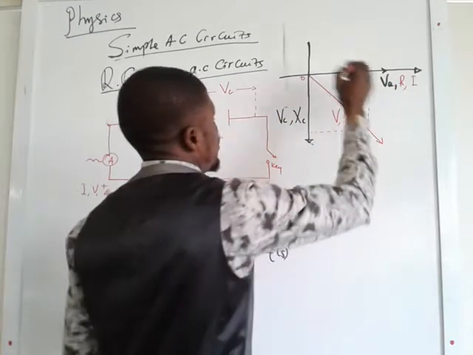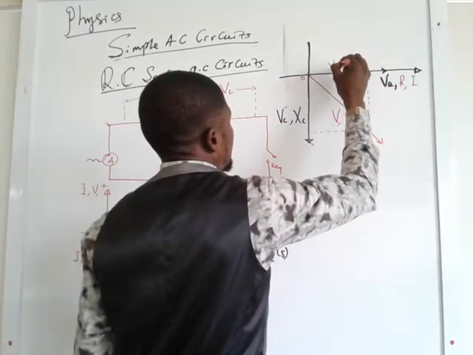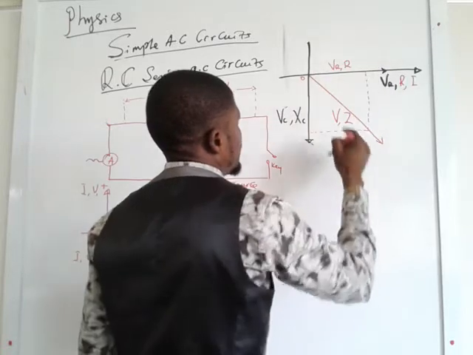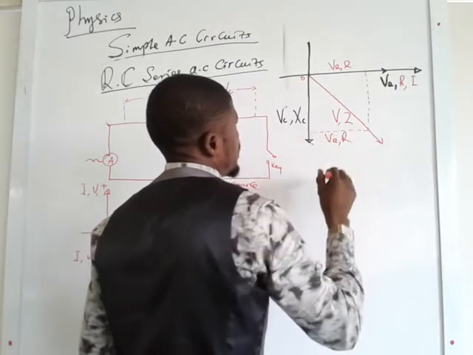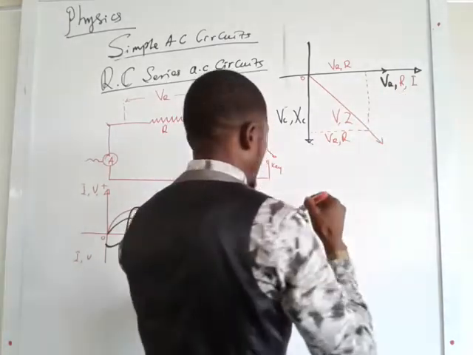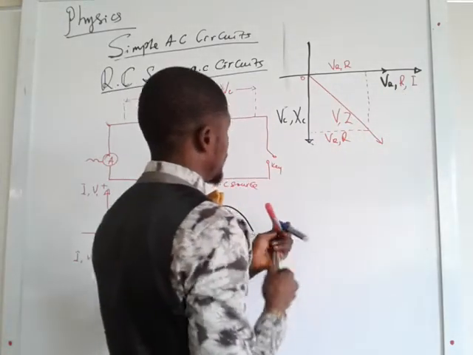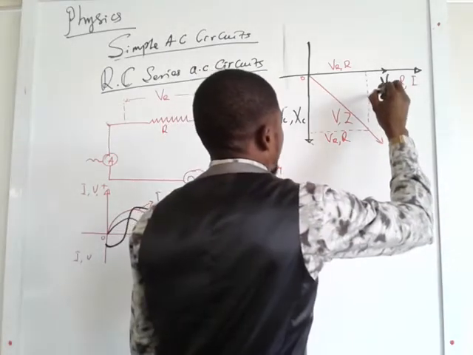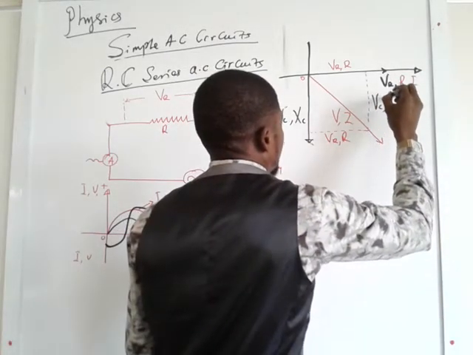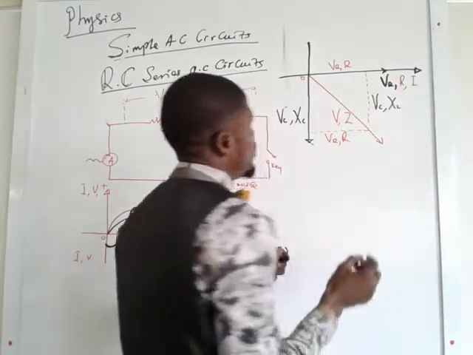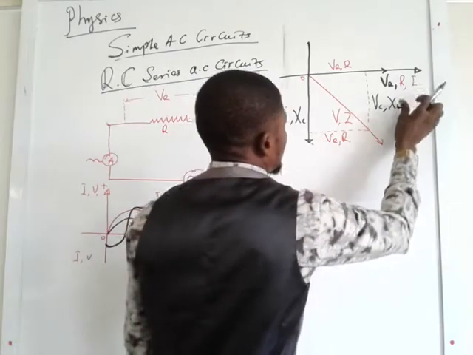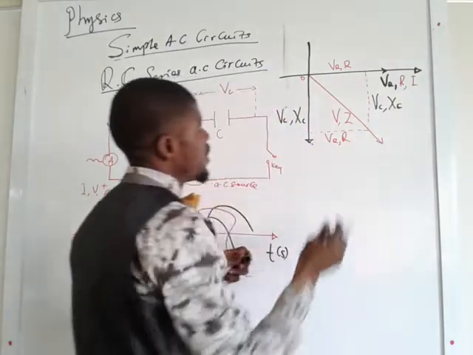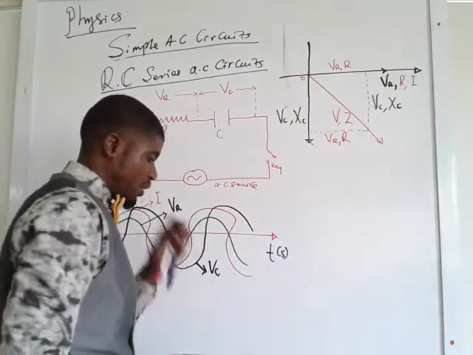Then if you join this line, you will discover that up here we have our V_R, R, and down here is also your V_R, R. And then this side is your V_C, X_C, where X_C is the capacitive reactance.